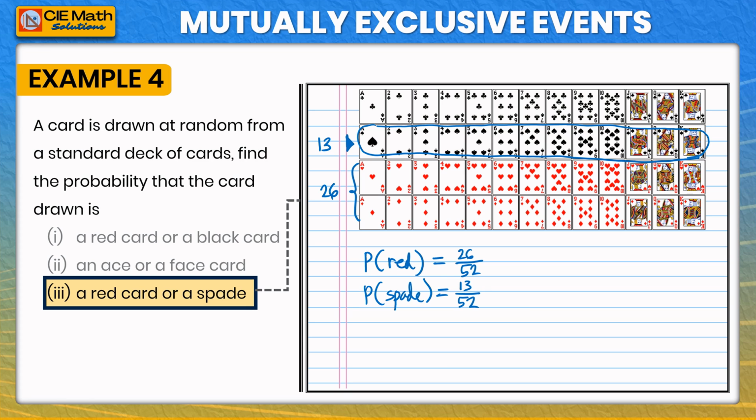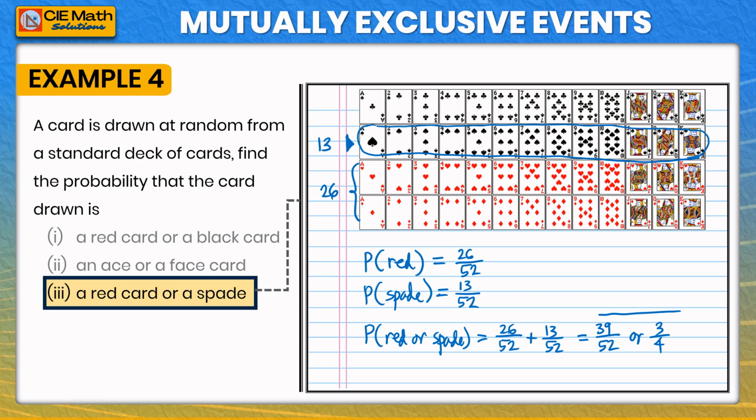If we will then get the probability of getting a red or spade, that will be the sum of the two probabilities, 26 over 52 plus 13 over 52. That will give us a probability of 39 over 52, which is equal to 3 over 4.